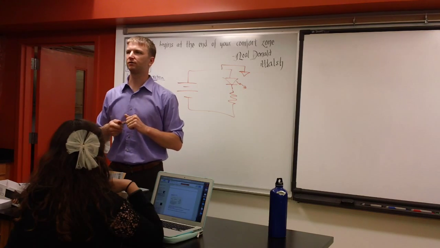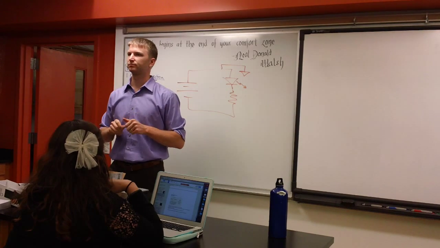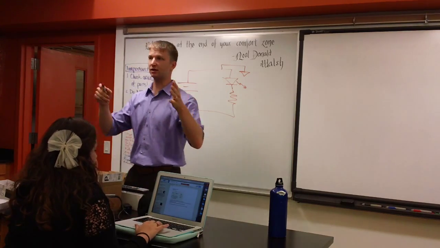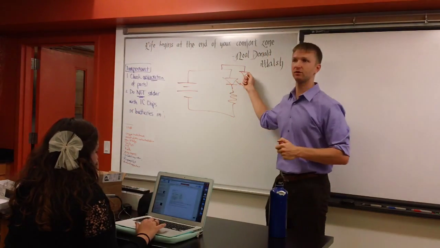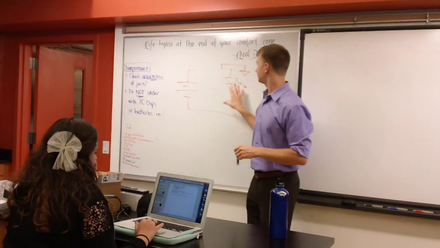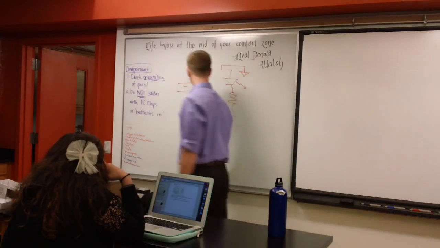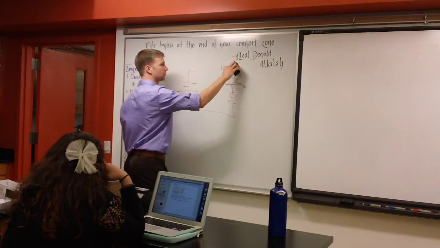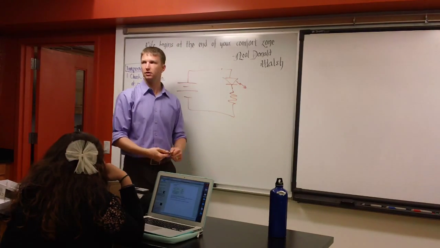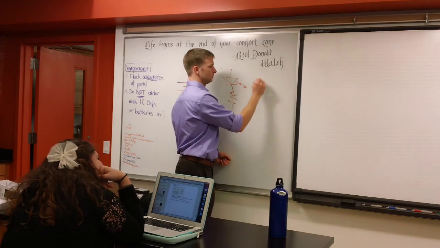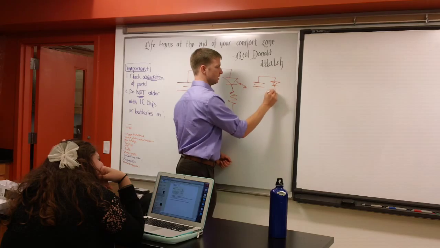What's the point of ground? Anyone? For your purposes in here, the reason why you might have ground, this symbol, is because let's say you had 10 circuits that were all exactly the same. So I'd have to draw a battery and an LED resistor.